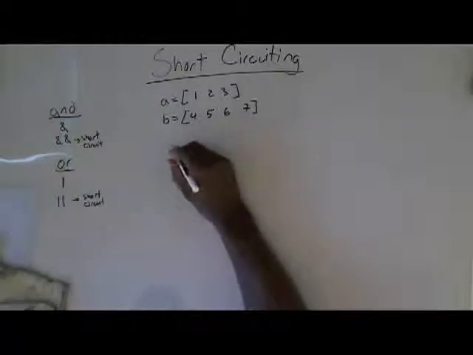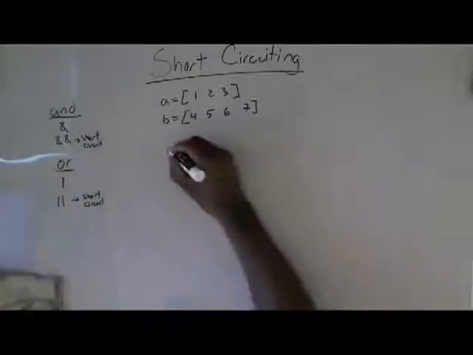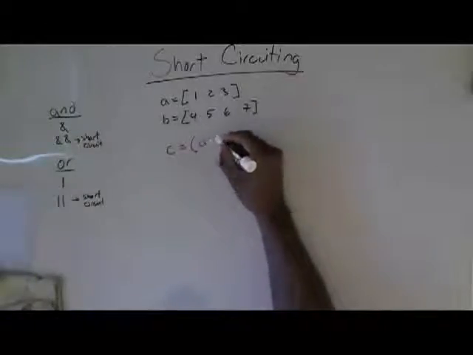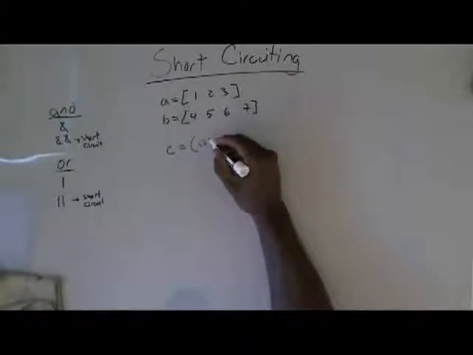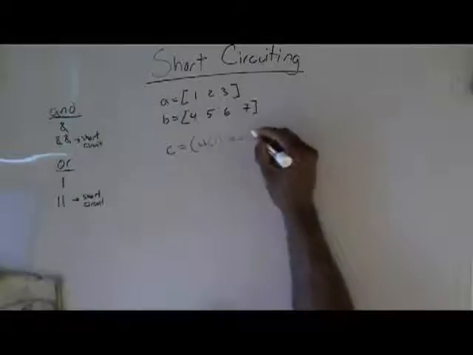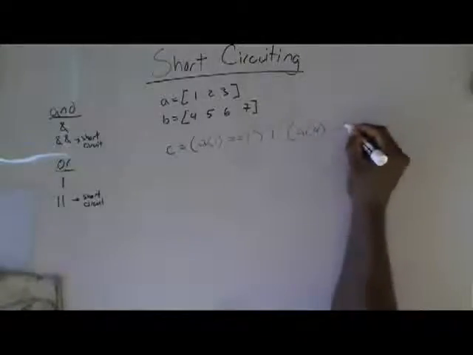So let's say I said, my marker's going dead, C equals A1 equals 1, or, and then I say A4 is greater than 3.